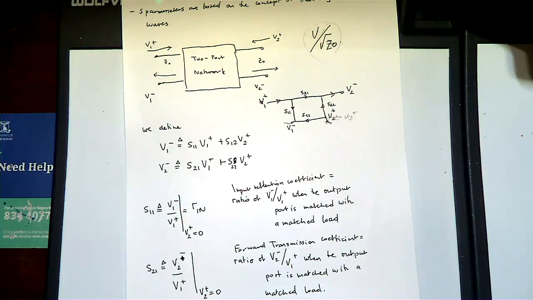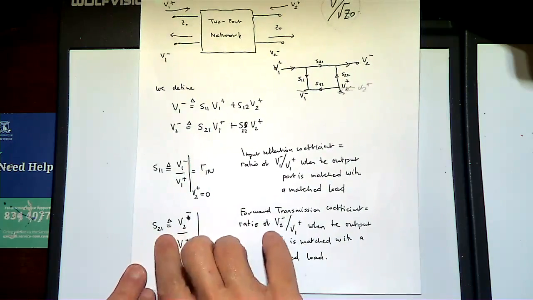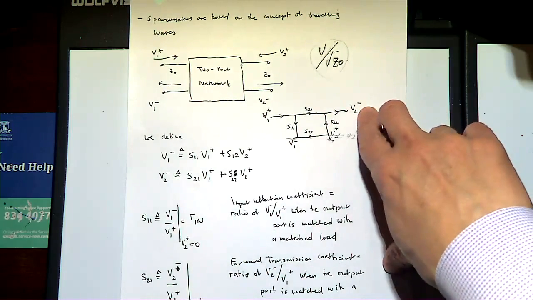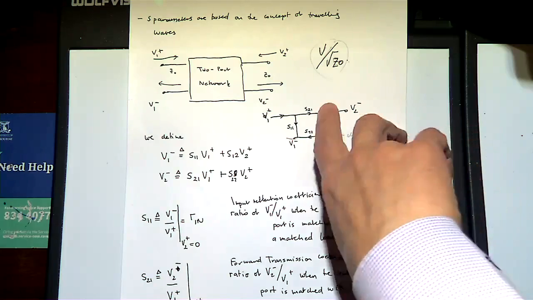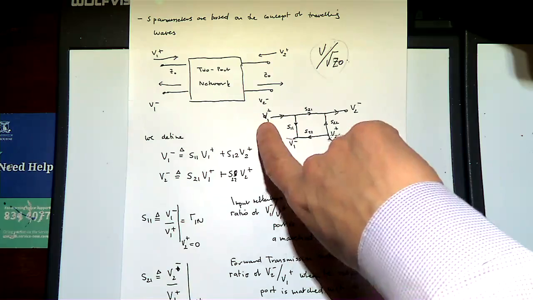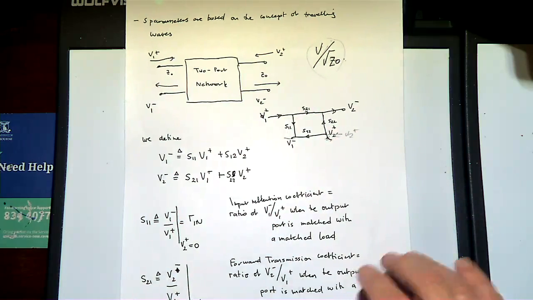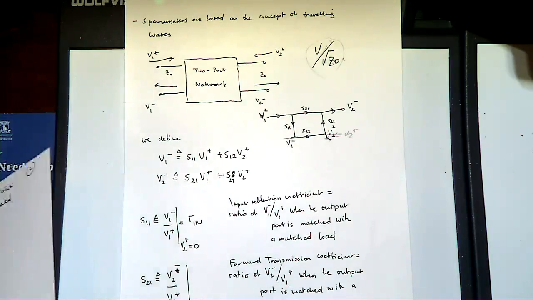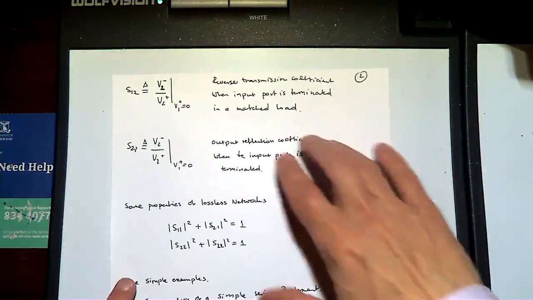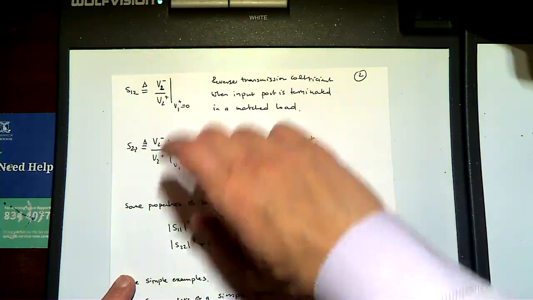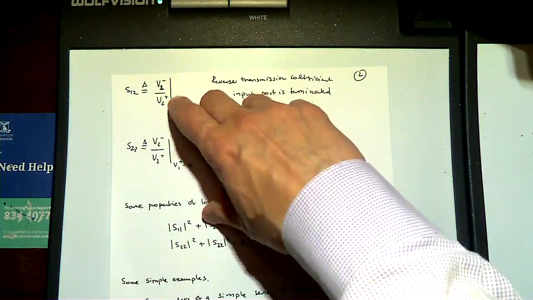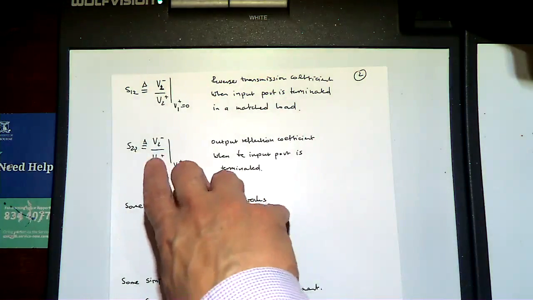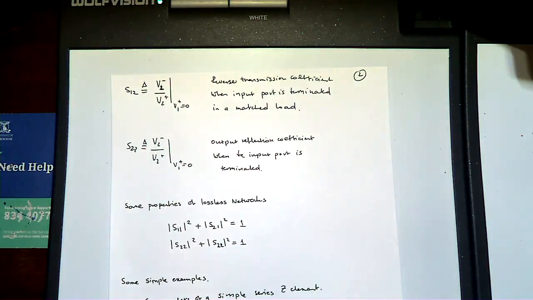Good, all right. And likewise, we measure S21, which is the voltage V2 coming out of the port when we excite with V1 going into the port. That was the definition of S21. S12 was the opposite: we excite port 2 and look at the voltage in port 1, and likewise S22 was the reflection coefficient.